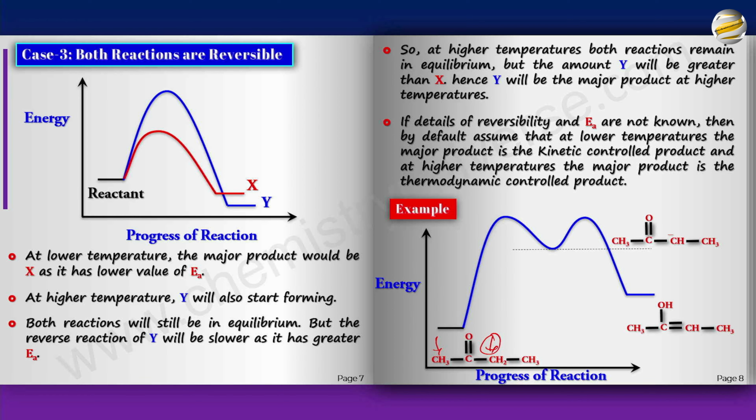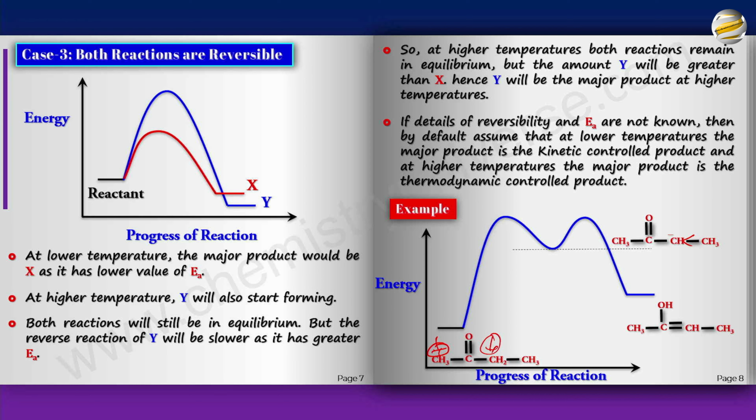But if the alpha H from the left is taken, the first thing you must realize is that the carbanion formed from the left one will be more stable than the carbanion from the right one, because in the right one, in this particular carbanion, there's a plus I effect of CH3 which is acting, and this plus I effect is going to decrease the stability of the anion. Whereas if the anion were to form on the left side, there is no plus I effect available to make it less stable, so that in fact is more stable.